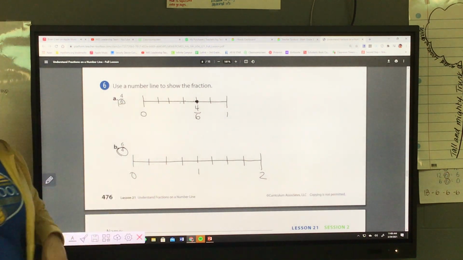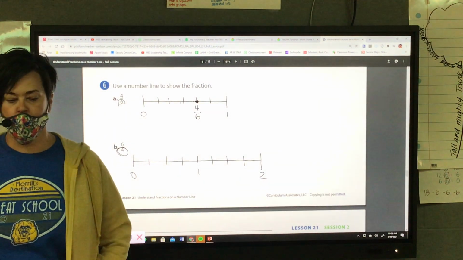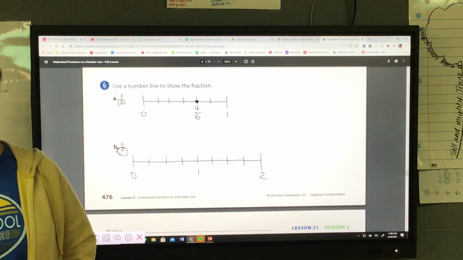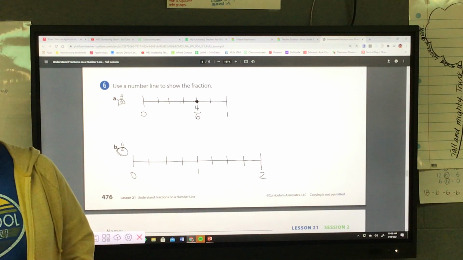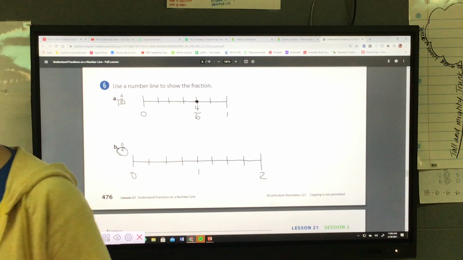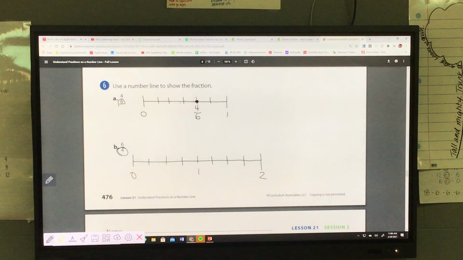Where would 6/4 go on your number line? Point to where you think it needs to go.